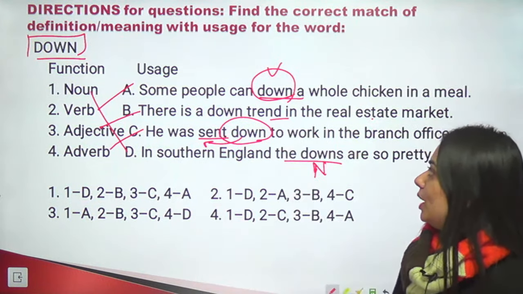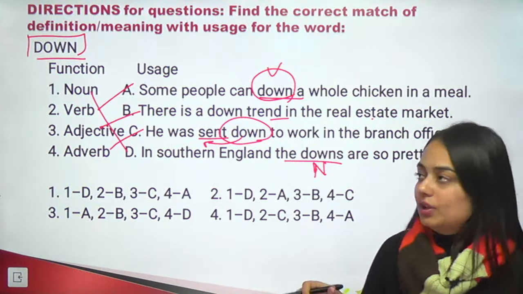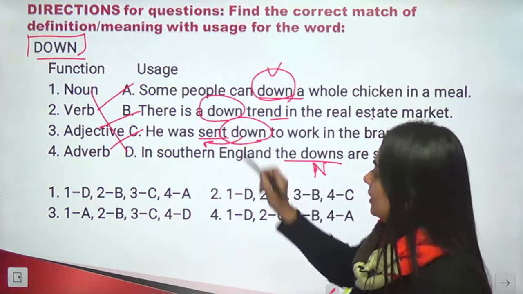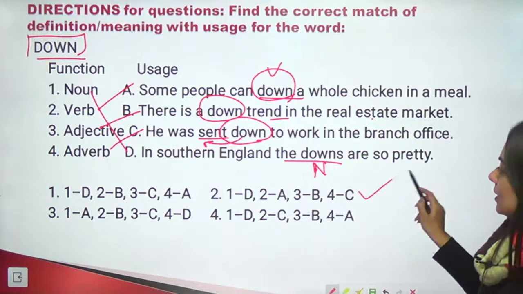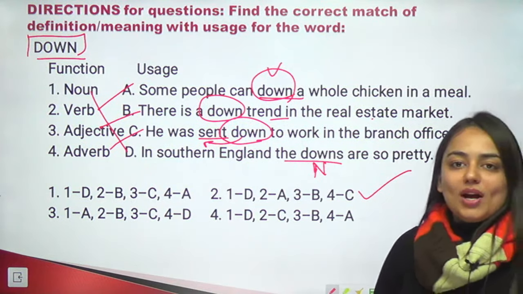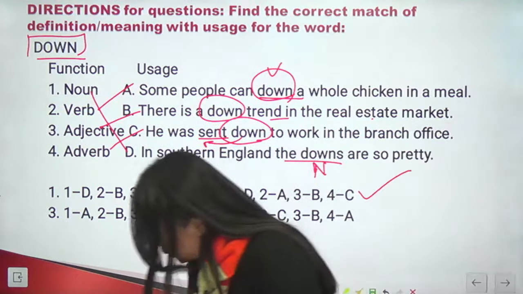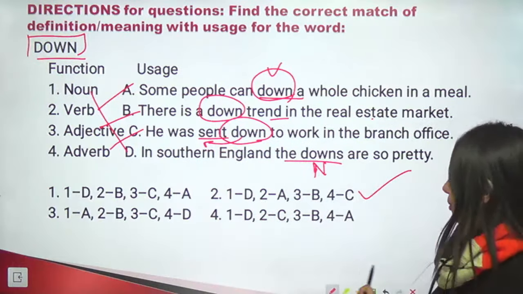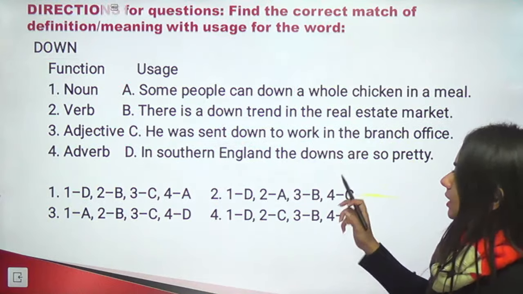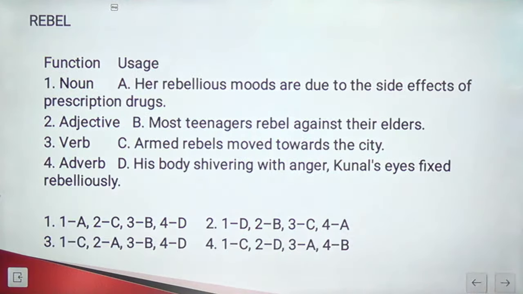So this trend in the real estate is a noun here जिसे modify करता है down. So now what is our answer? The right answer should be second one. Let's see who all answered second one. Yes, Pavani did. Wonderful, Pavani. Keep it up. With this, let's see another question.